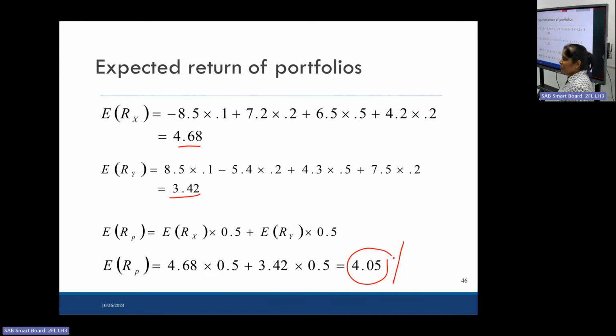So it's the important part: risk of the portfolio. The expected return is easy, no problem. That is the weighted average of the expected returns of the individual stocks. You can calculate it now. Now the important part is risk.